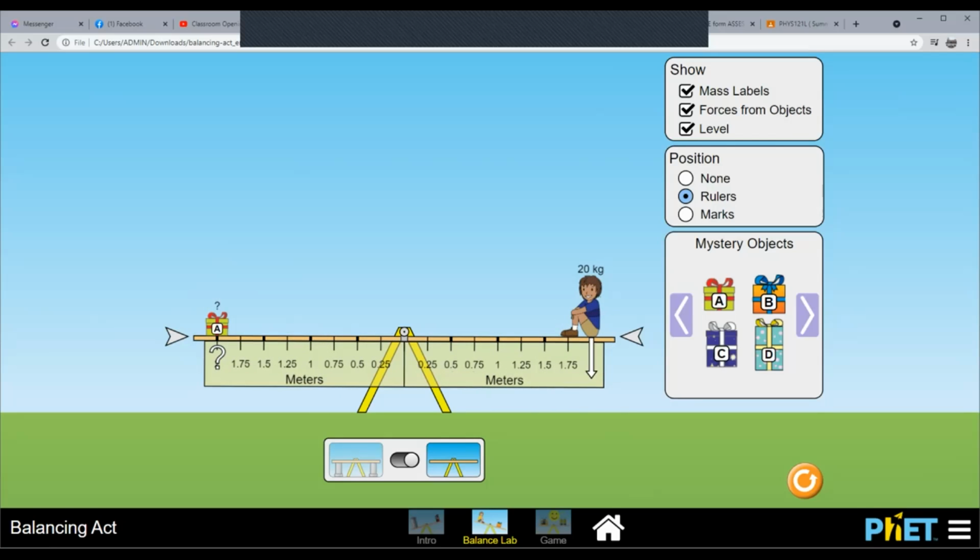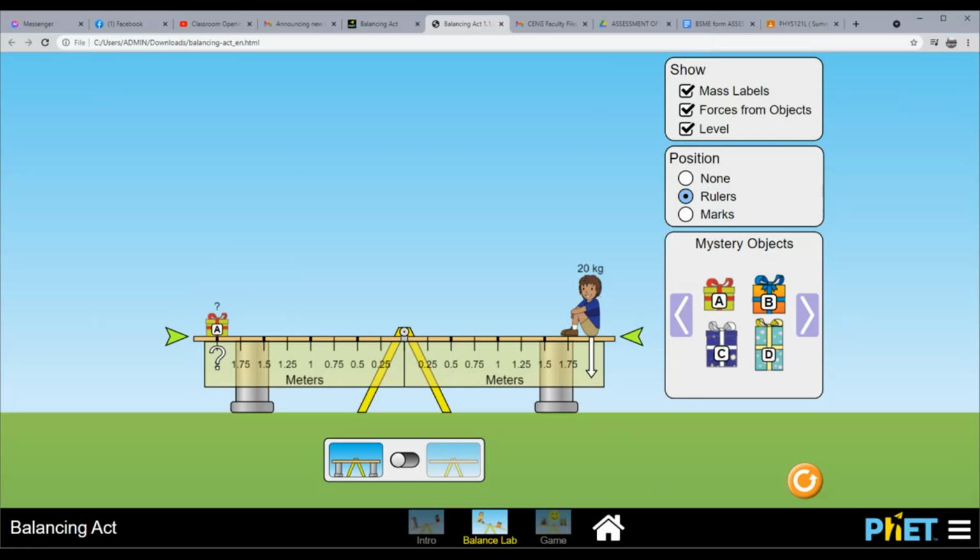So how about if we place here supports? So what can you analyze? What might be your conclusion? Kahit... Yes?